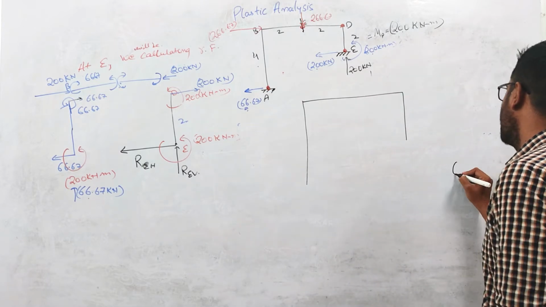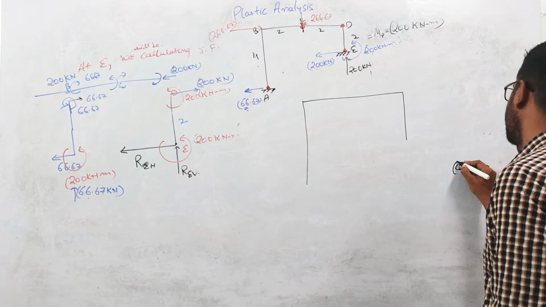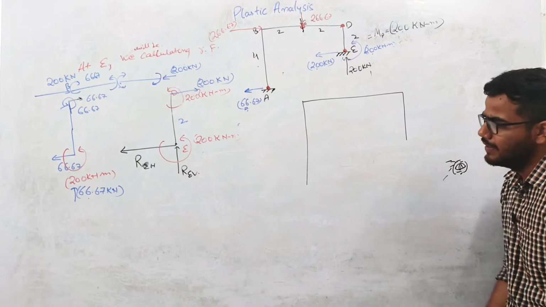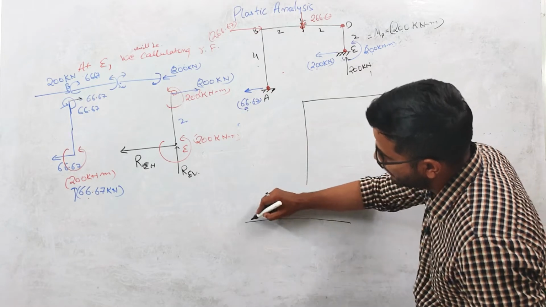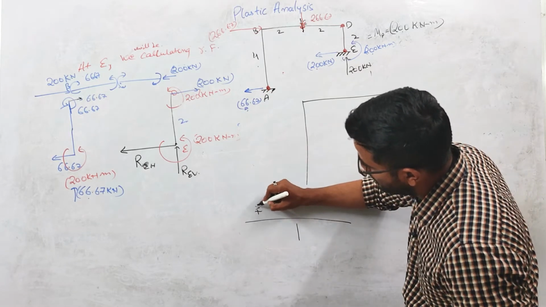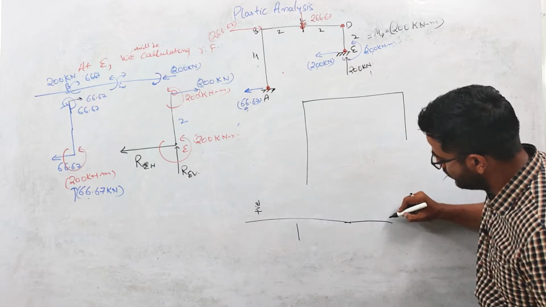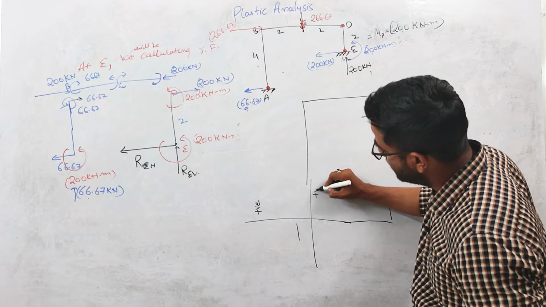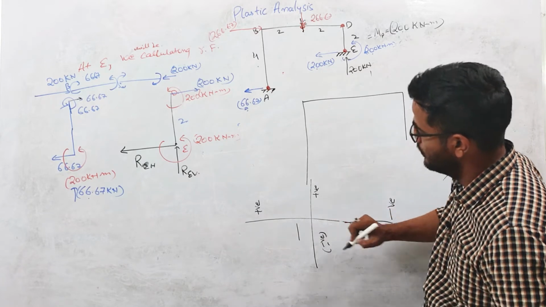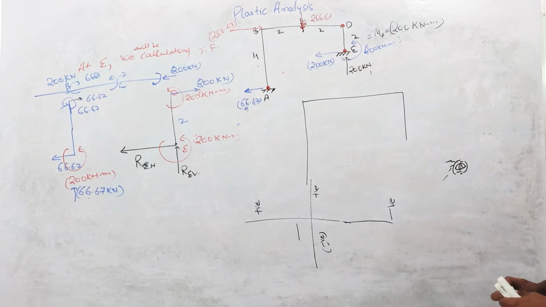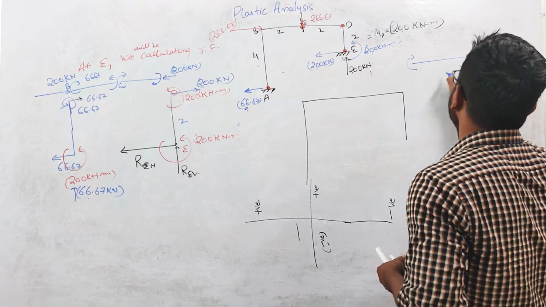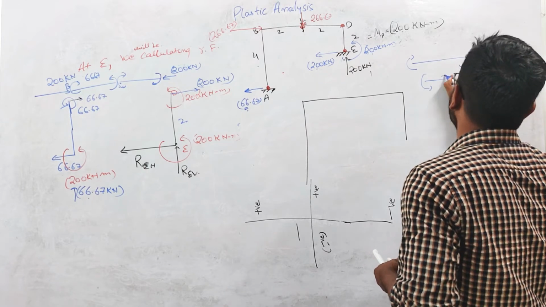Okay, and I'm looking from this side. If I'm looking from this side, this axis I'm taking positive, and towards here this is negative. Similarly, this is positive, this is negative. Okay, now before that, in simple beam we assume this direction positive, this direction negative.